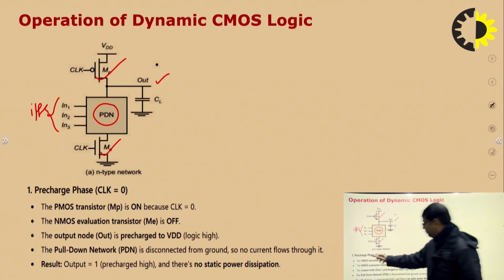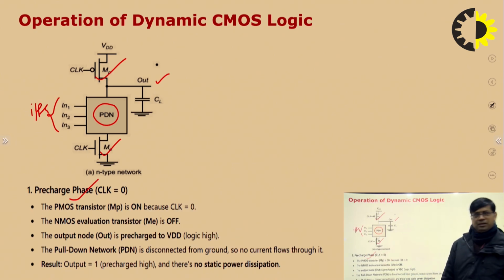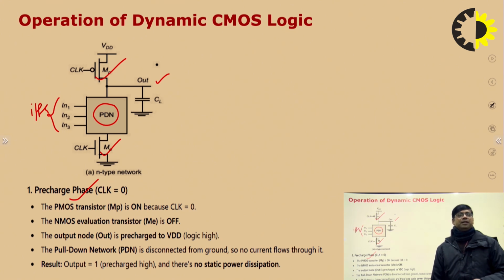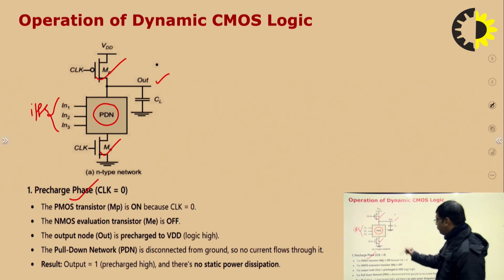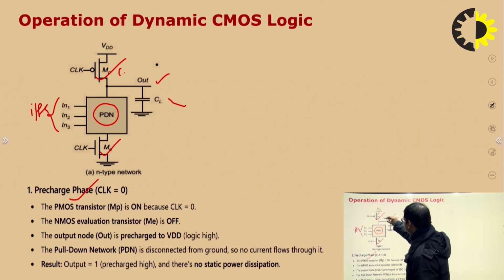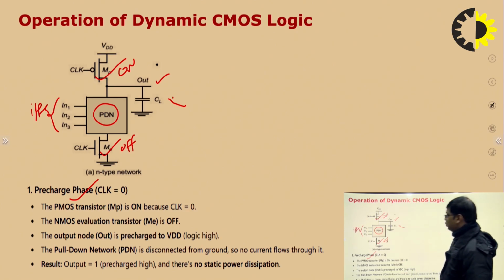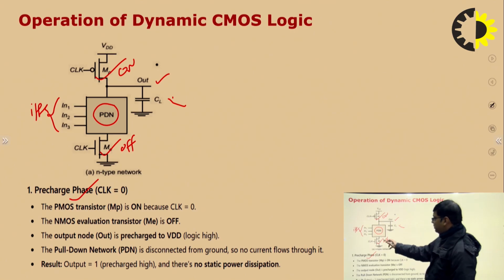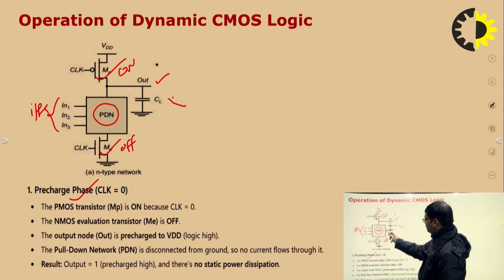So, first of all, let us discuss the pre-charge phase. What happens in the pre-charge phase is that the PMOS transistor is on and the NMOS transistor is off. This is on and this is off. So, what happens? If the NMOS transistor is off, the path from output to ground is open.